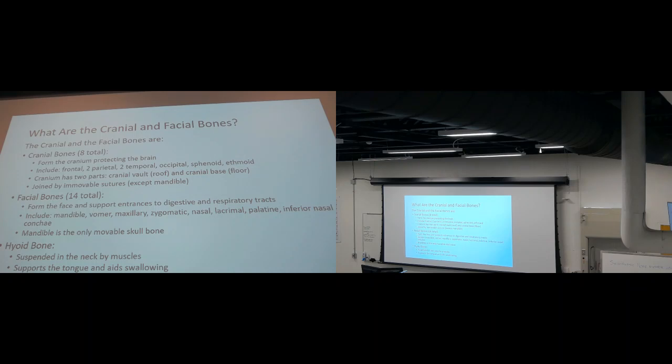Zygomatics are paired. We have the nasal bones, which are located at the bridge of the nose. And we have lacrimal bones that are located inferiorly and medially in the orbit.